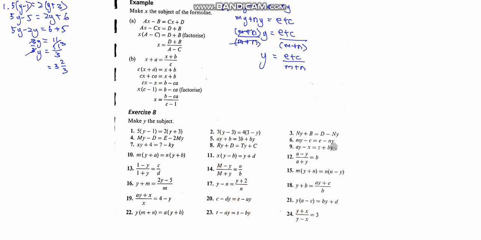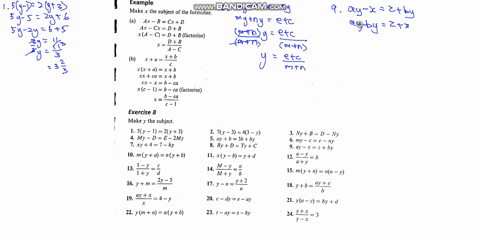We can try 9 again. Now ay minus x equal to z plus by. Now I bring this to the left hand side. ay minus by, so (a minus b)y equal to z plus x. X changes over to the right hand side and becomes positive.